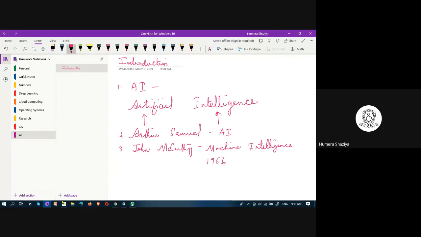Various scientists and researchers attended this conference. Among them was one scientist, Arthur Samuel. He presented a paper and coined the term artificial intelligence. Presently, we see artificial intelligence everywhere.